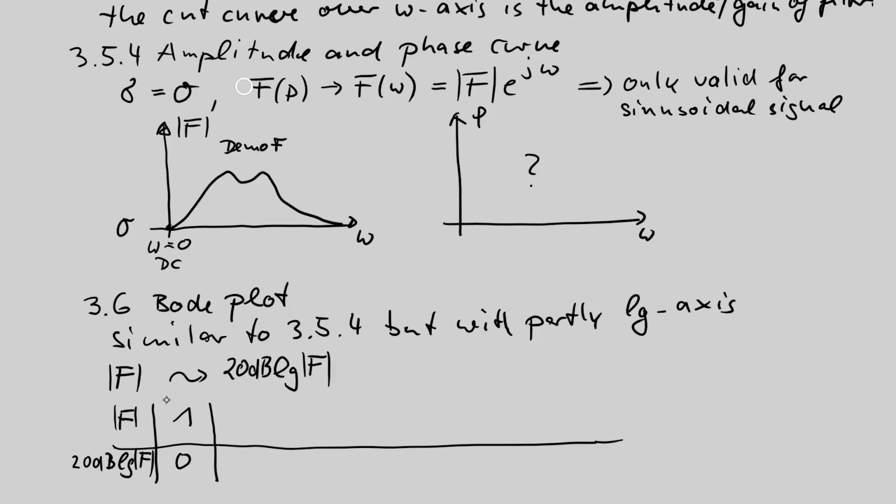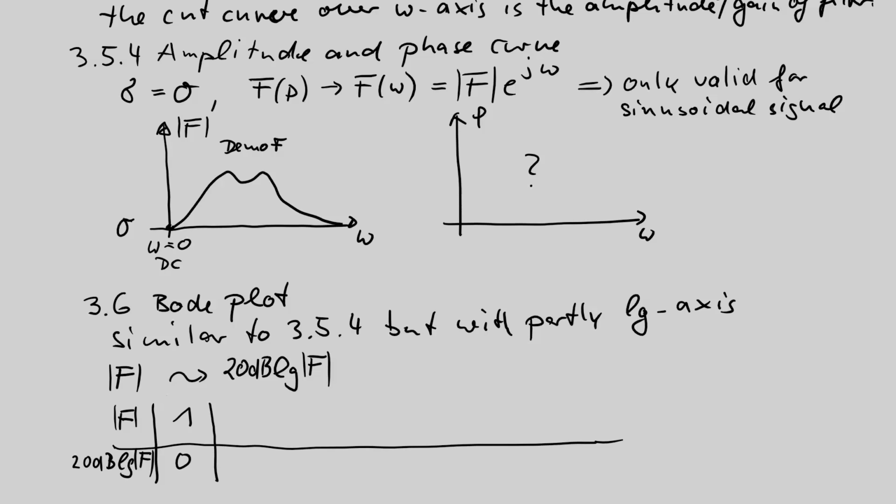So an amplitude and phase curve or a Bode plot contains information about sinusoidal signals and nothing else. No switched signals, no steps, no impulses, no information about these, only information about sinusoidal signals.